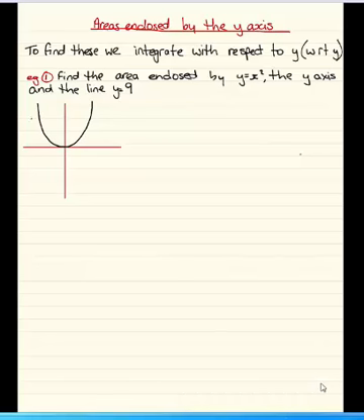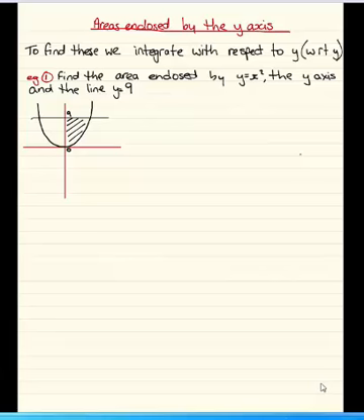So you want to put that in there. And then it's the area between the axis and that curve. Alright, so you can see the area is going from y is equal to 0 up to y is equal to 9, because we're integrating with respect to y. We need to know what the y variables are.